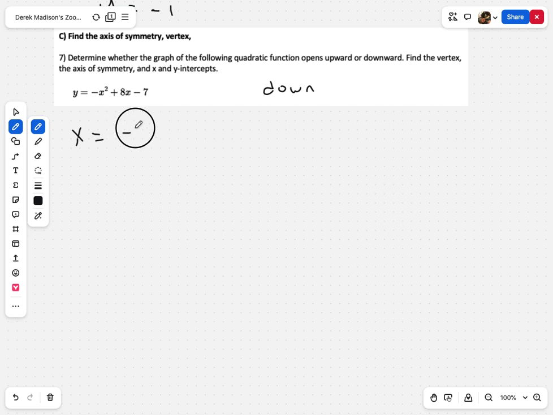So negative b is negative 8 over 2a is negative 1, and so that is positive 4 with the double negative. And then we'll plug the 4 back in to get the y, so negative 4 squared. Notice that's not in parentheses, so it's going to be a negative 16 because it's the negative of 4 squared, plus 8 times 4 minus 7.